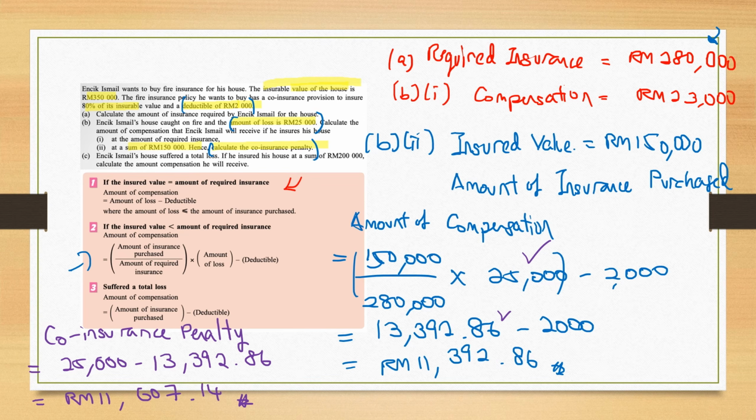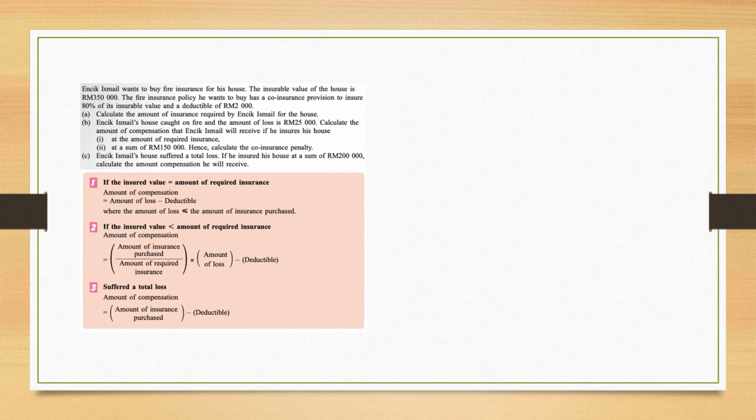Now the last part, let's find our C value instead. The C value is very simple. It's actually just number 3. Why? Because it says here suffer a total loss. If the insured has a sum of 200,000 ringgit, calculate the amount of compensation.